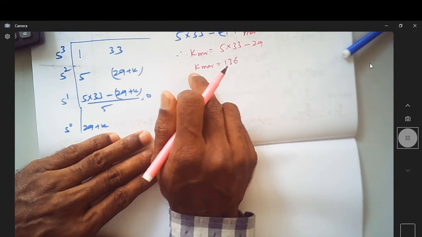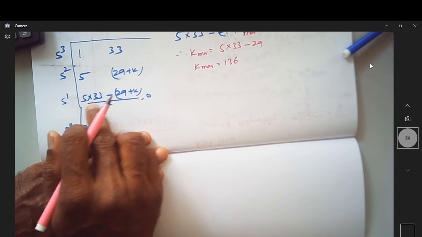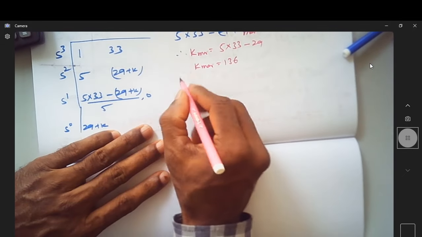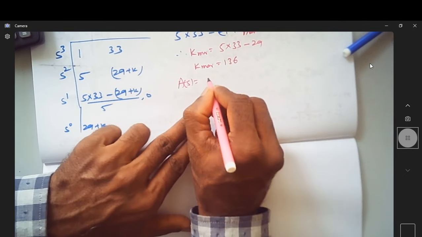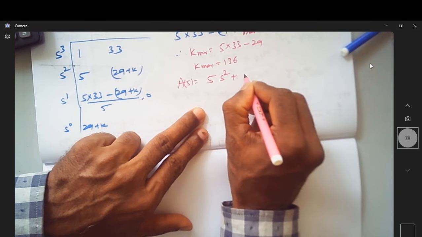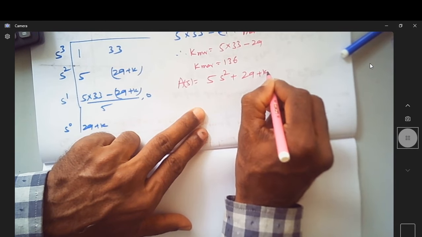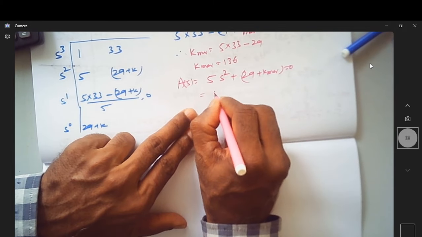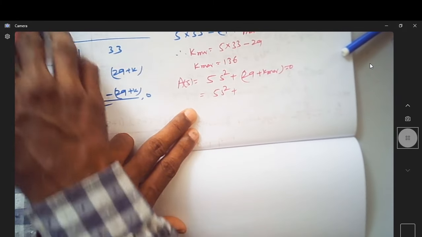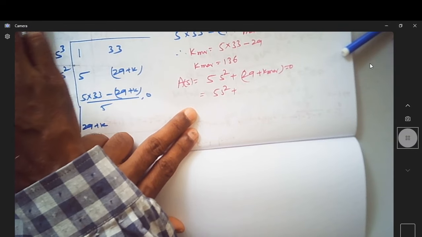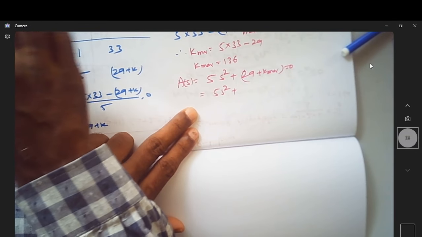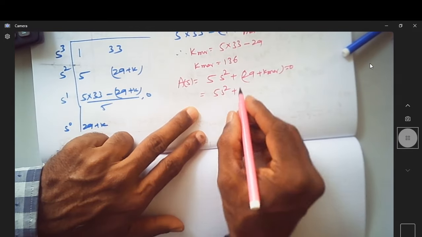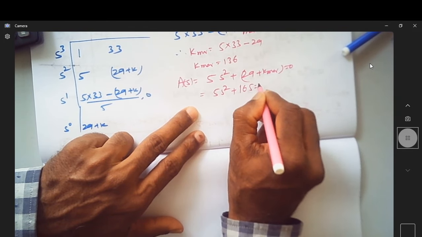So considering this k margin, if k is 136, then this becomes 0, then you end up with the auxiliary equation, which is 5s square plus 29 plus k margin equal to 0. So this becomes 5s square plus 29 plus 136, which happens to be 165, equal to 0.